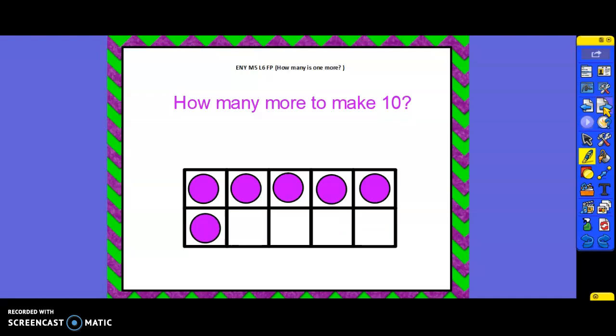Count, think, number in your bubble, and pop. Did you say 4? I know you did. You are so good at counting and making 10. We have 6, so we would need 4 more to make the number 10.